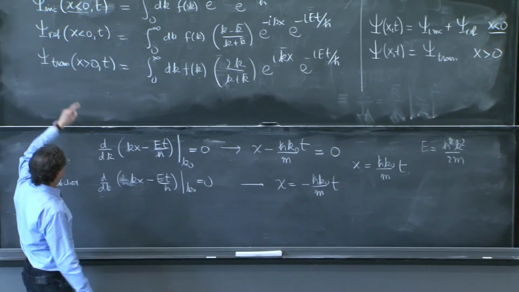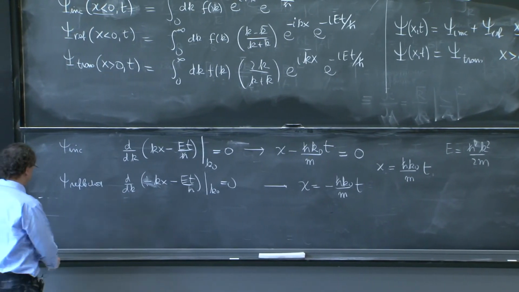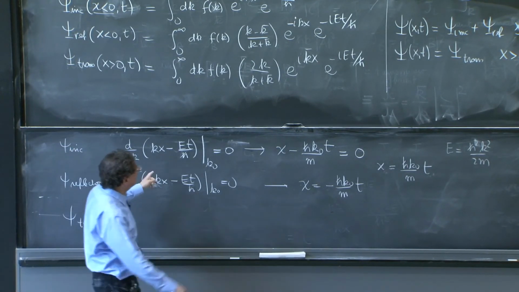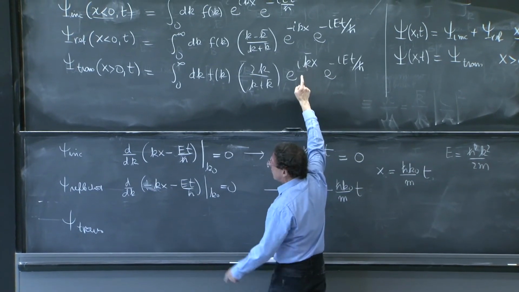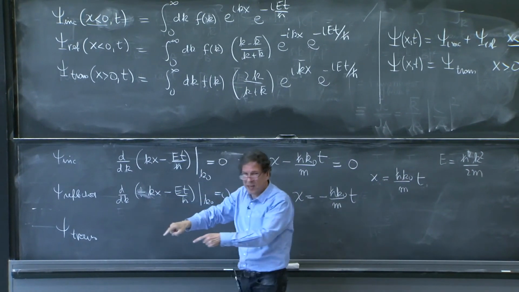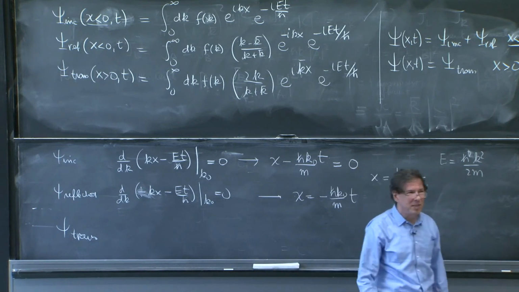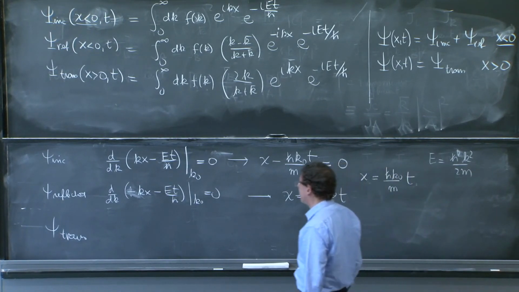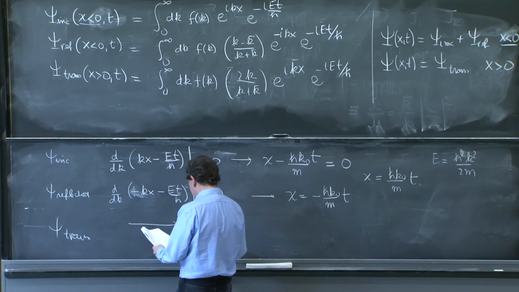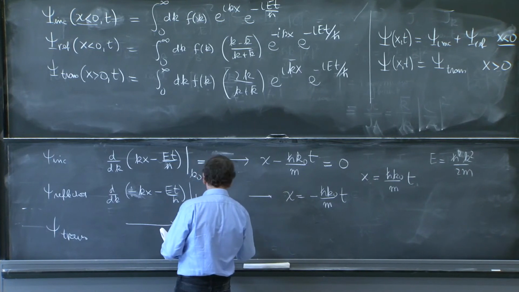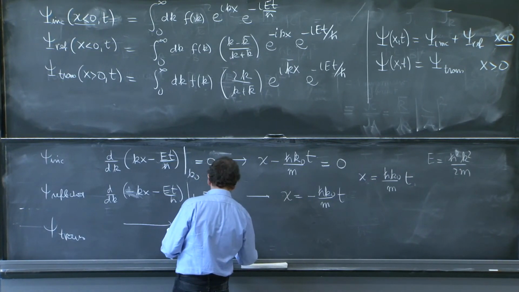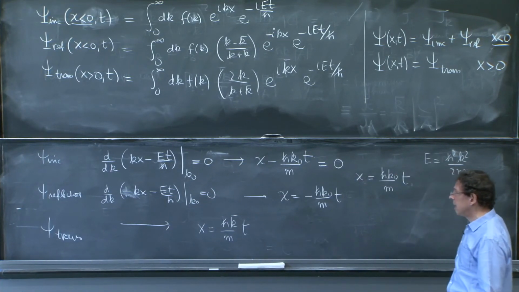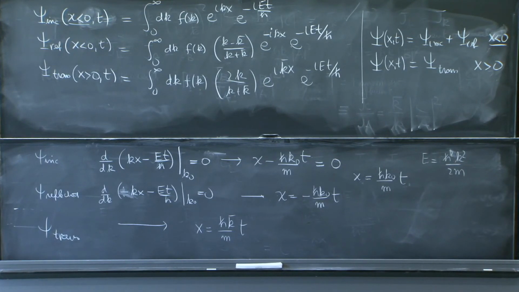I will leave for you to do the ψ transmitted. It's a little different because you have now k bar, and you'll have to take the derivative of k bar with respect to k. It's going to be a little more interesting example. But the answer is that this one moves as x equals ħk̄ over m t. k bar is really the momentum on the right.